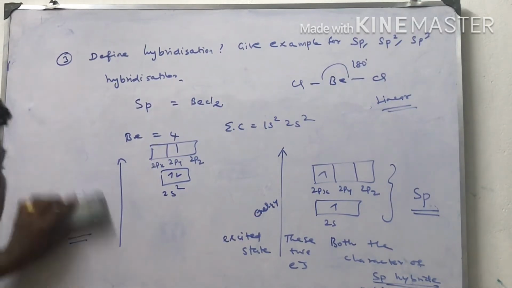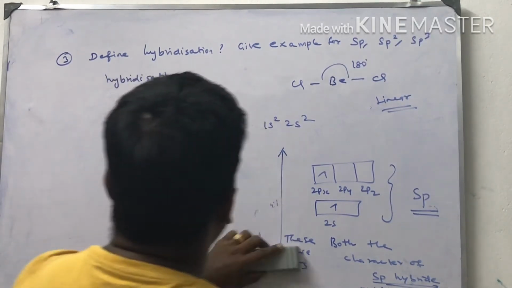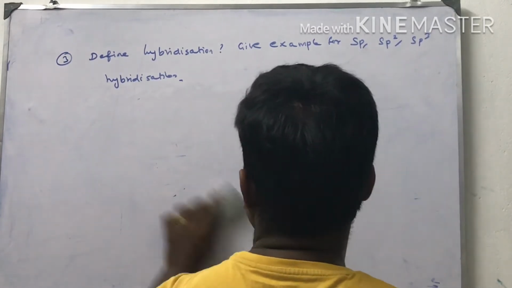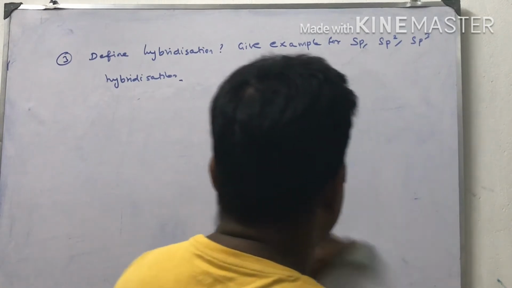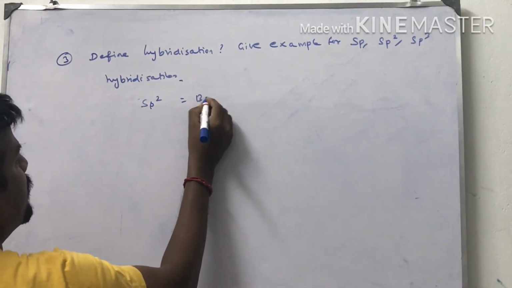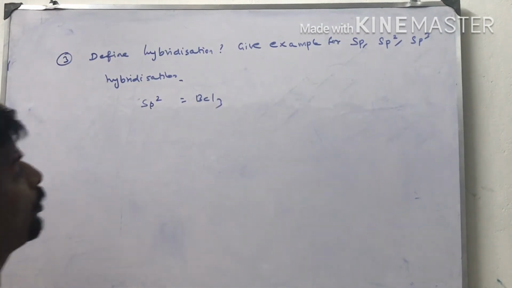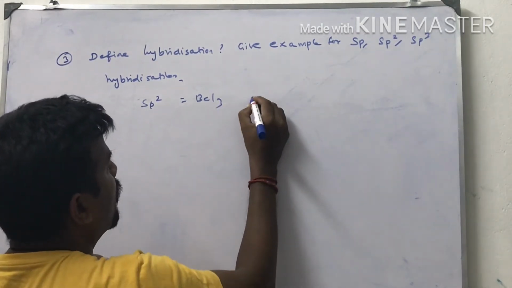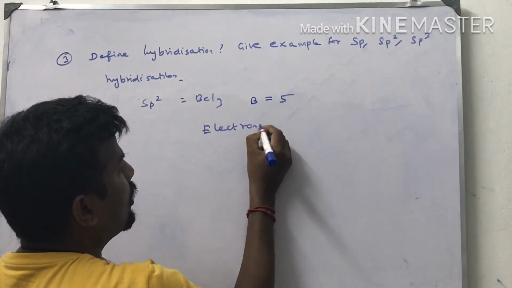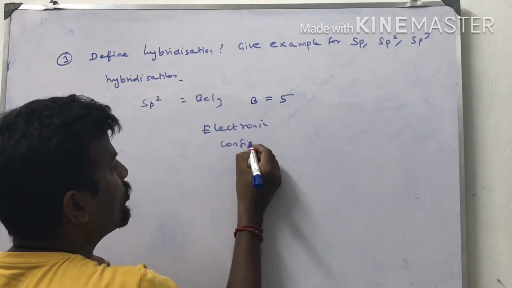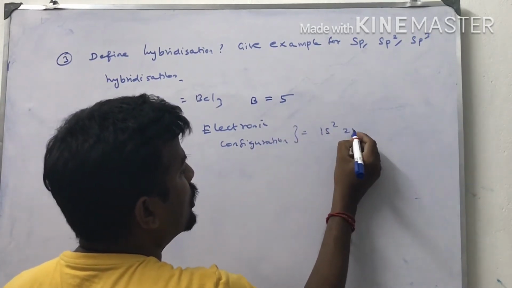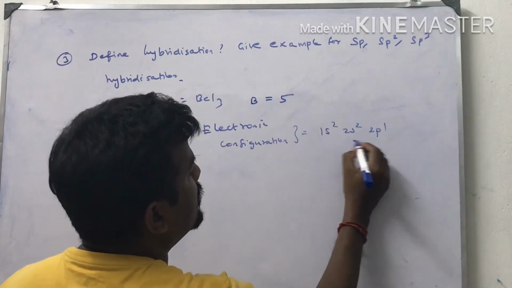Now I am going to tell about sp2 hybrid orbital. Next one is sp2 hybrid orbital. Example is boron trichloride. Boron, atomic number 5, electronic configuration is 1s2, 2s2, 2p1, and this is the valence shell.